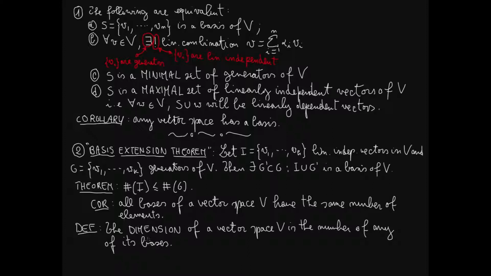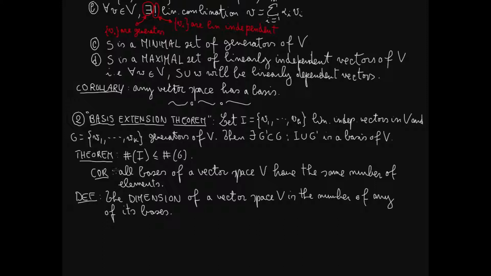Okay, so this is well posed because of the corollary. I can pick any of the bases of V and just count the elements, and this number will be the dimension, and the number will not depend on the choice of the bases.